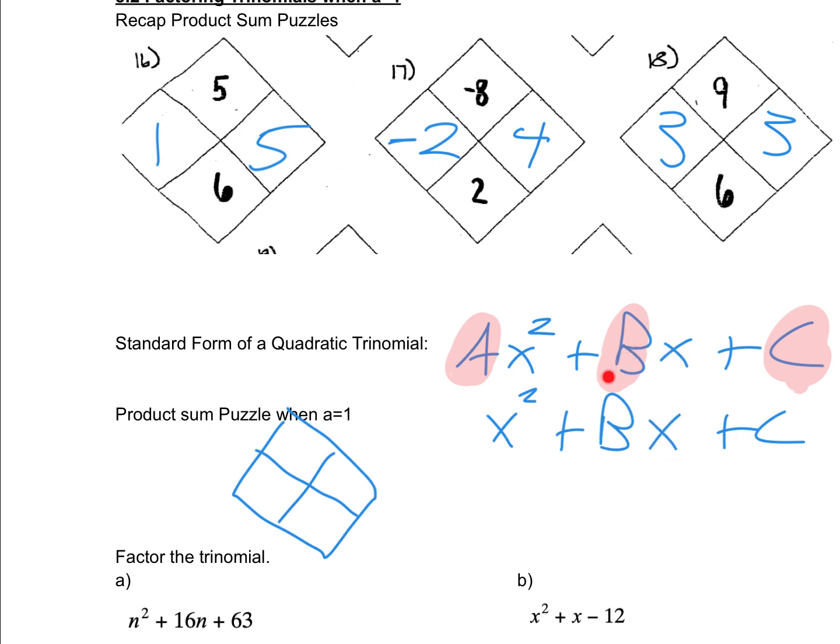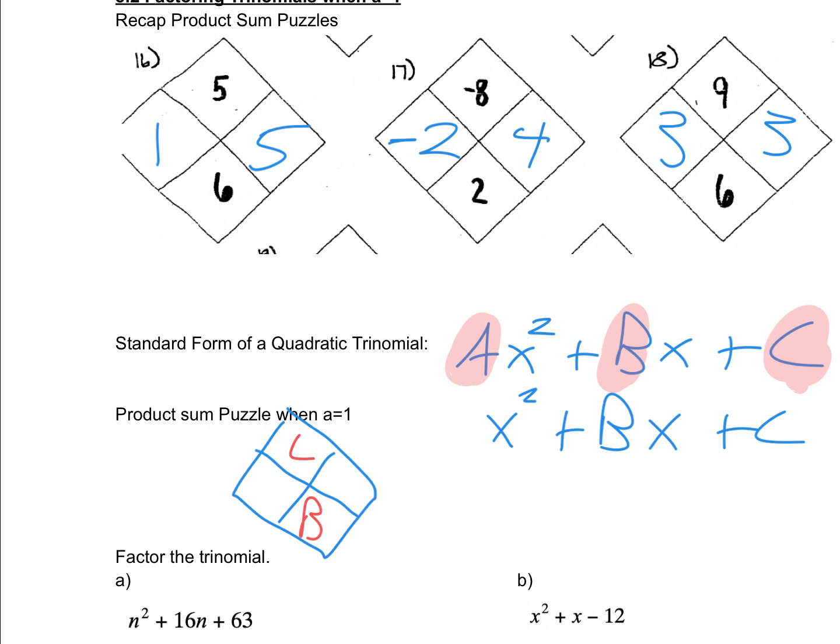Whatever number represents the b value is going to be the number at the very bottom of my product sum puzzle. My two factors have to add to the b value. Similarly, my two factors are going to have to multiply to whatever my c value is.